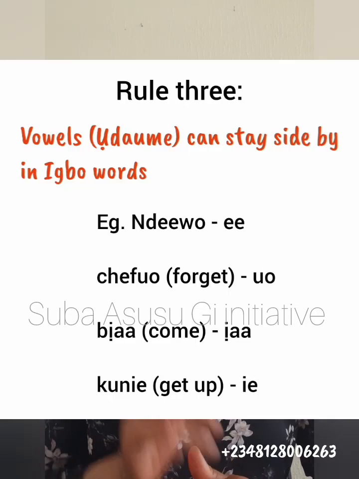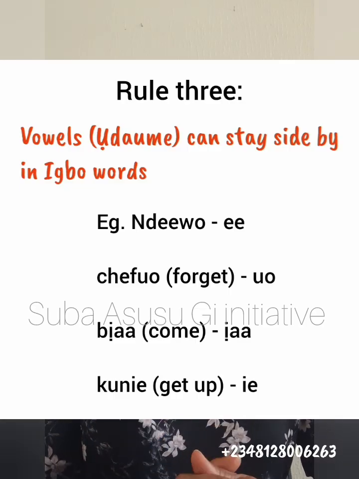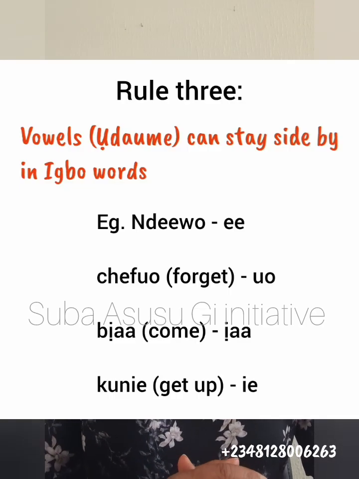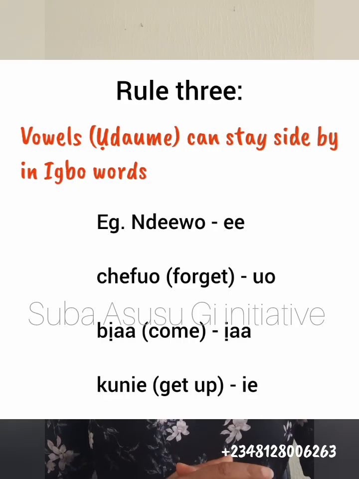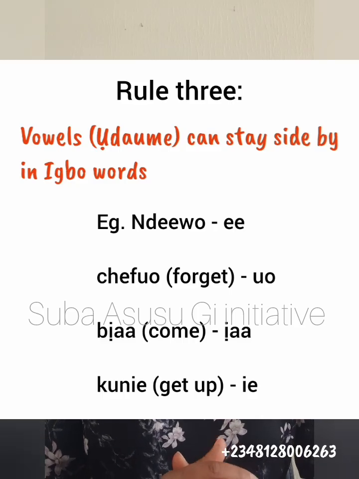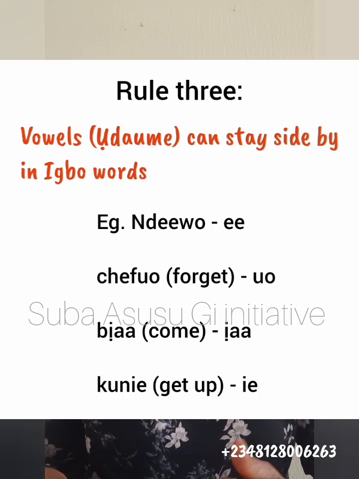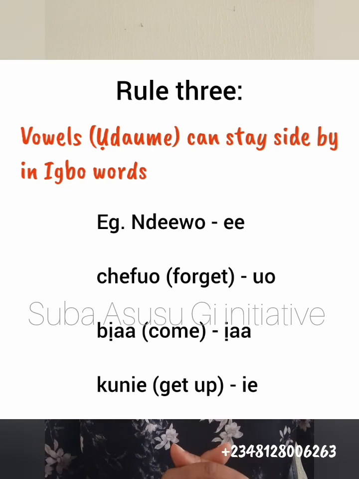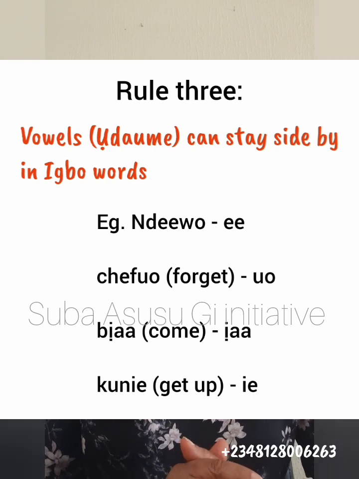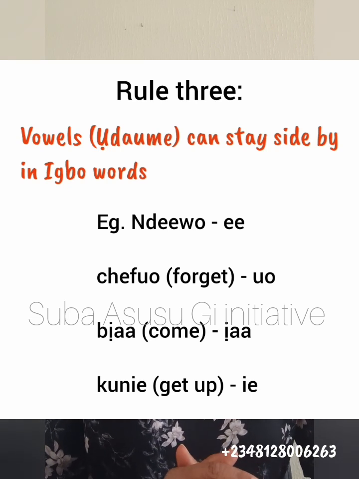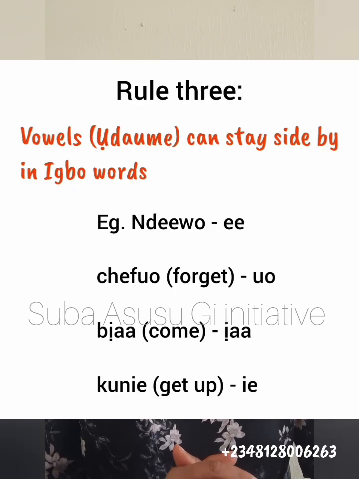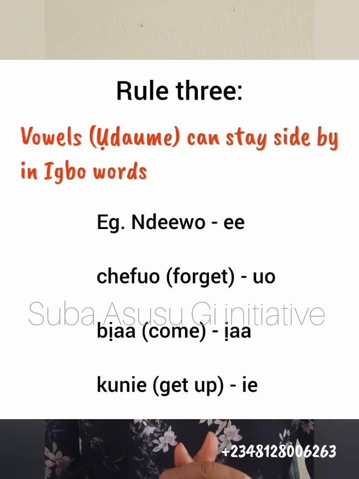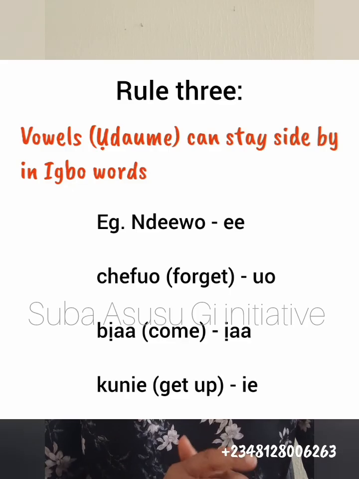The two vowels are e and w. Great. And again, you have the word chefuo, which means forget. Chefuo. So you also see that you have u and o side by side in that word. You also have bia.